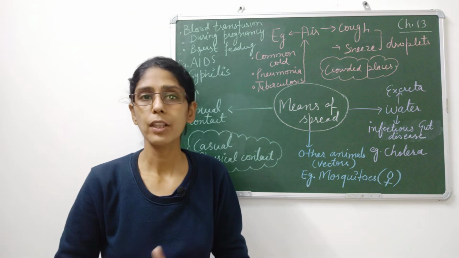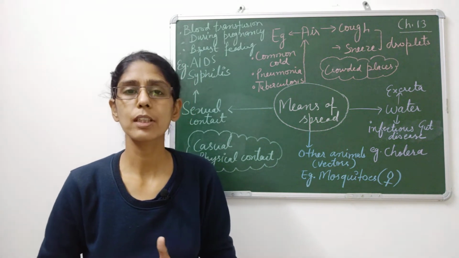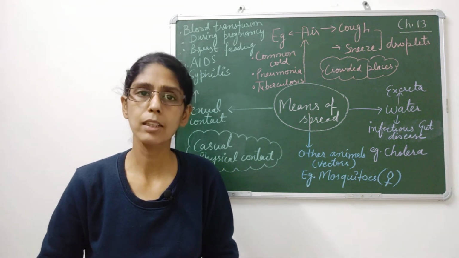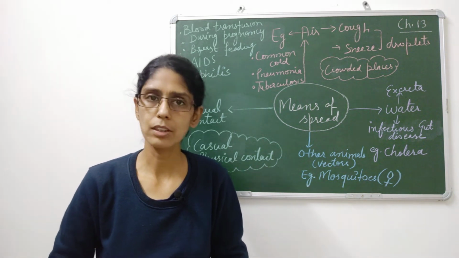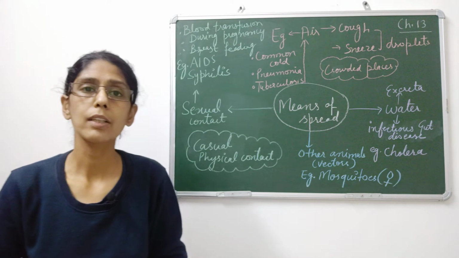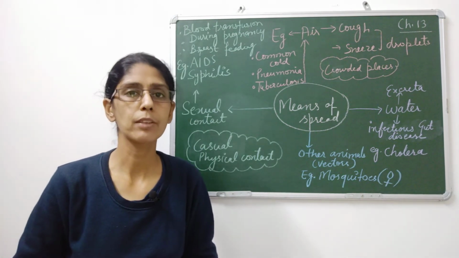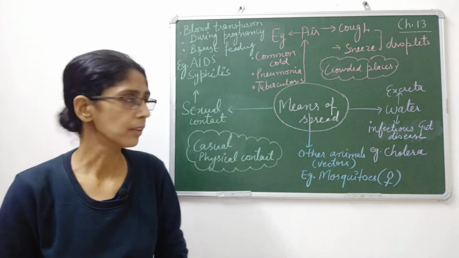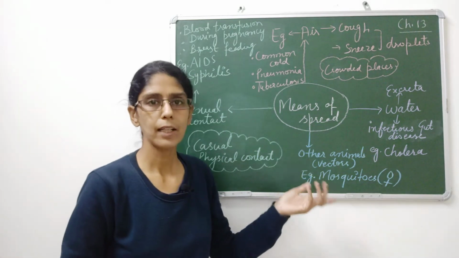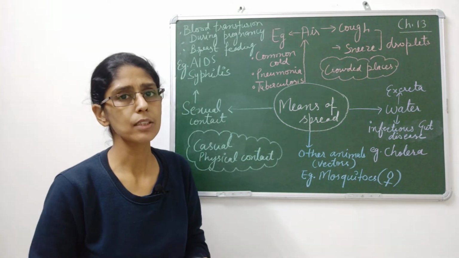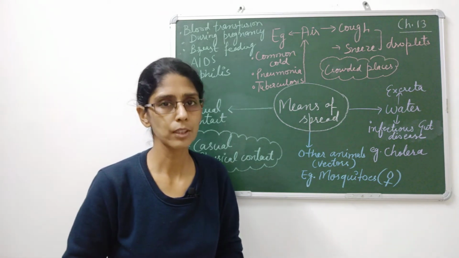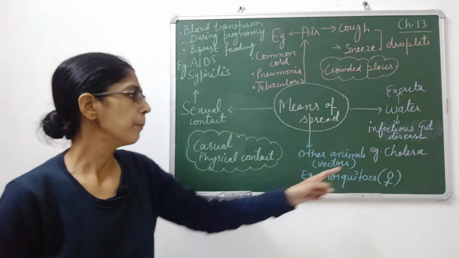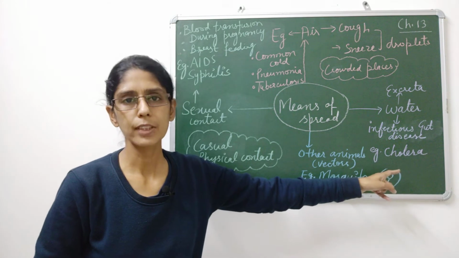And if unaffected healthy individuals consume that unclean drinking water, they also have that infectious agent in their body. In this way the infectious agent will spread from one person to another. Mostly these diseases are related to our intestine, our digestive system. One example is cholera.